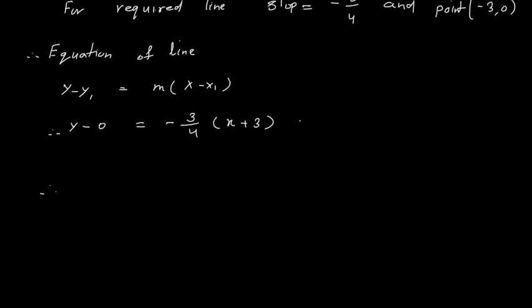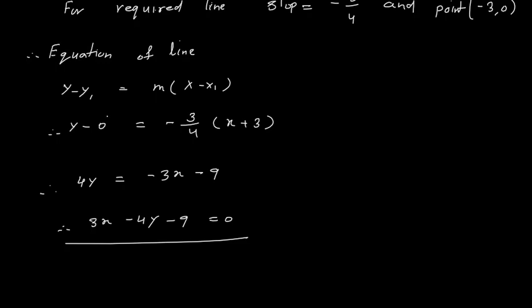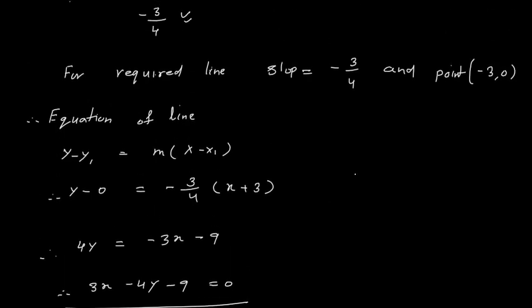So therefore here I have 4y equals minus 3x minus 9. So I can say that this is 3x minus 4y minus 9 equal to 0. Okay, so this is the equation of line, 3x minus 4y minus 9 equal to 0.